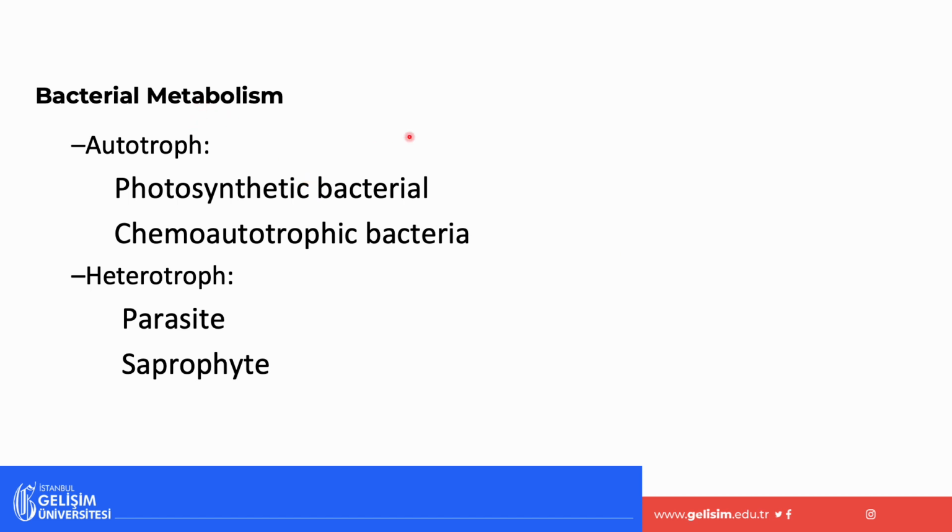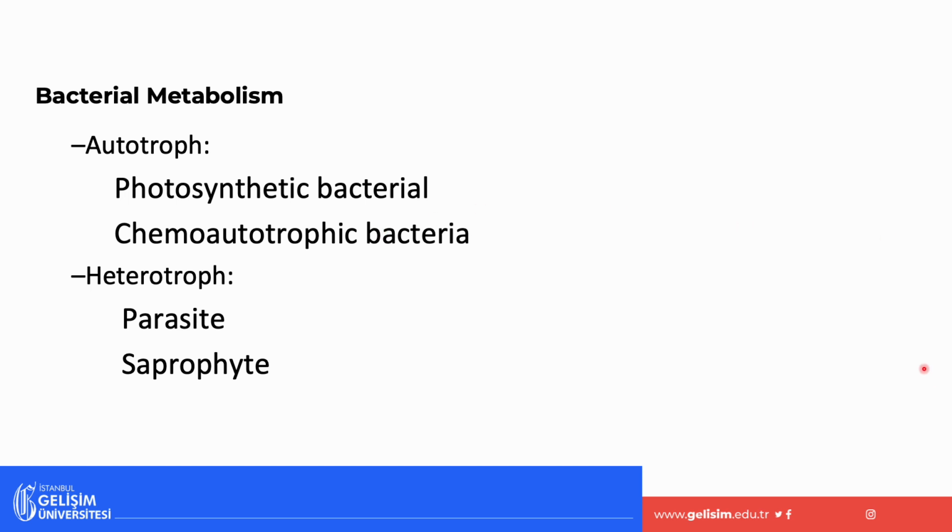Moving on to bacterial metabolism. So we have two types, autotrophs and heterotrophs. Autotrophs are organisms that can synthesize their own organic molecules, such as sugars and amino acids, from inorganic sources. And we have two main types of autotrophs: photosynthetic autotrophs and chemoautotrophs.